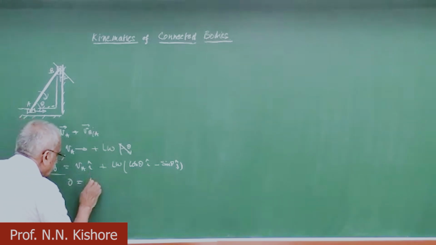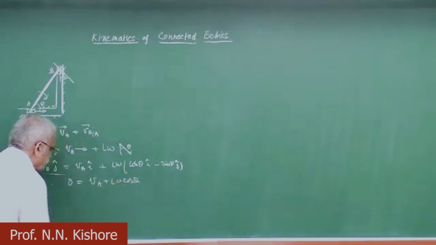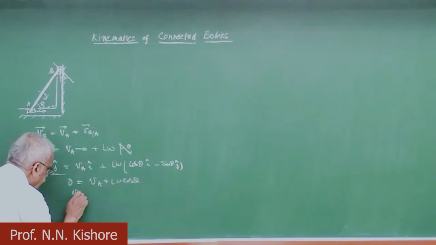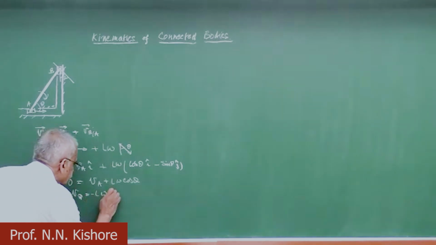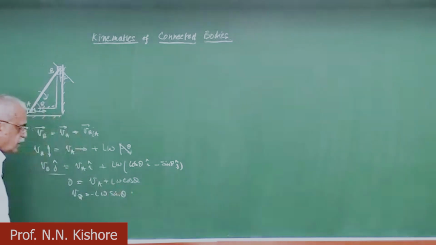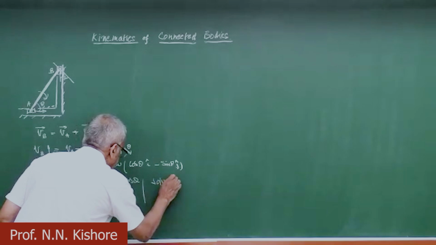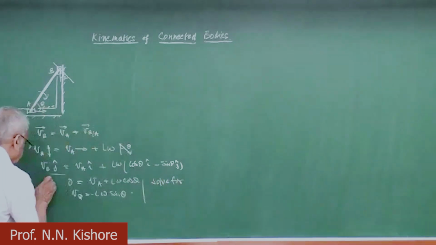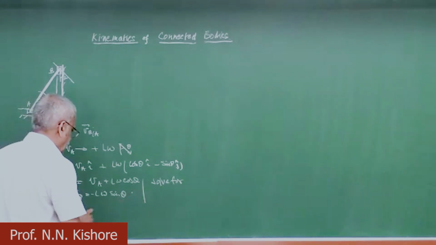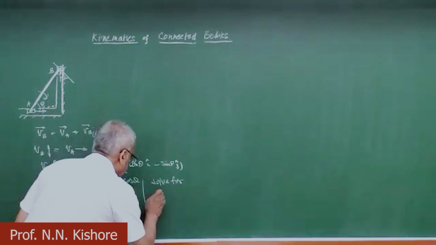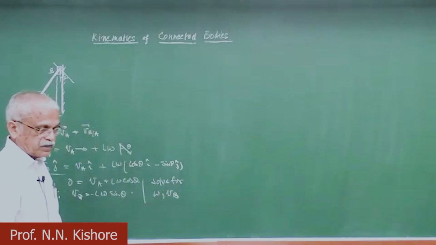So using i and j, this is what we have done: VA plus, in terms of your vector algebra. This is the i equation, and this is the j cap equation, and then this is solved for omega given VA, okay?